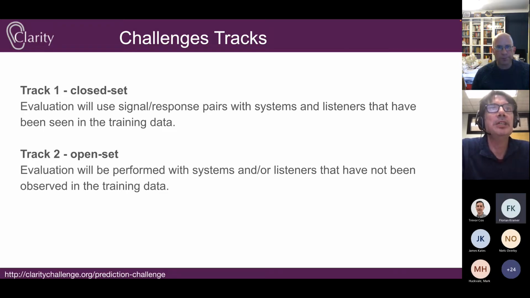And then there is the open set track, where the evaluation data has separate listeners and systems. So in the first example, you're not having to generalize to new listeners or new systems. In the second track, you've got the extra step to make.